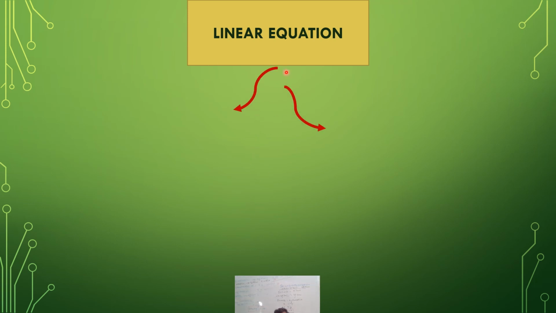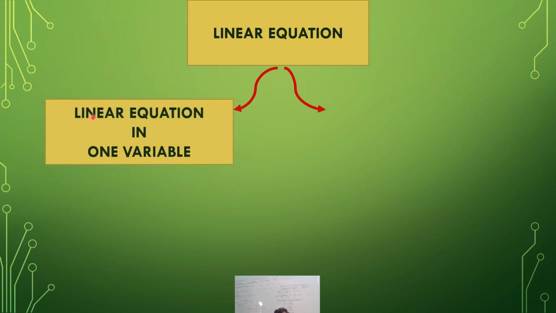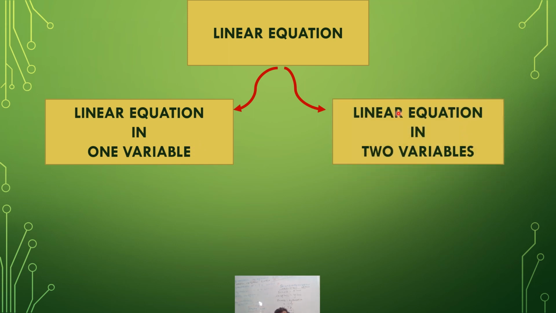A linear equation with one variable is known as a linear equation in one variable. What is the other one? Linear equation in two variables. This means it is a linear equation, and it has two variables. A linear equation with two variables is known as a linear equation in two variables.